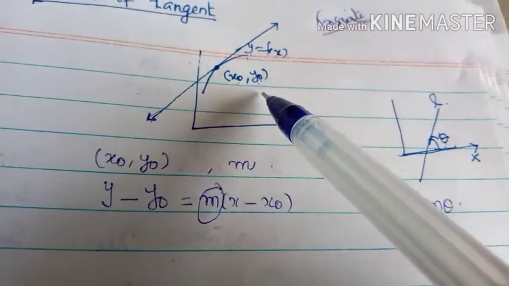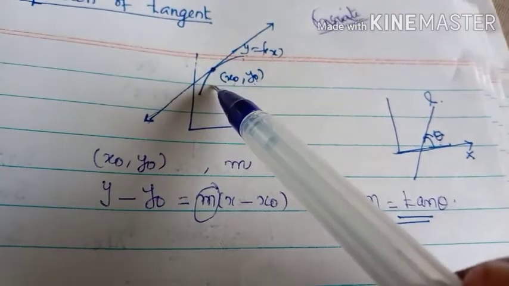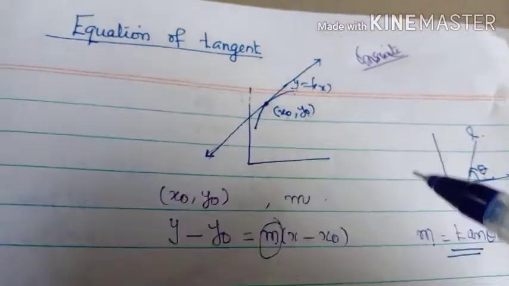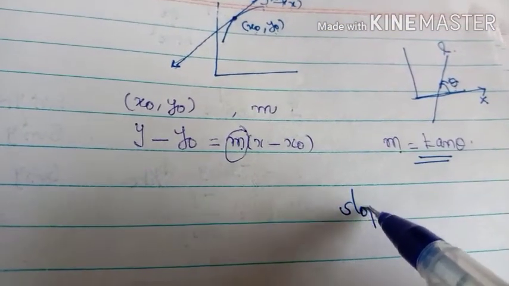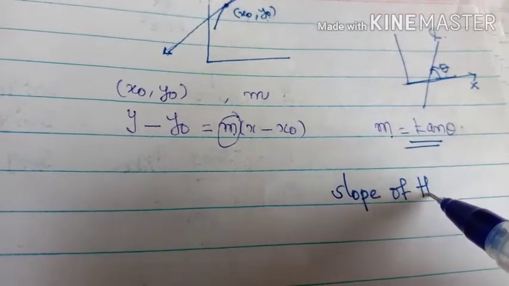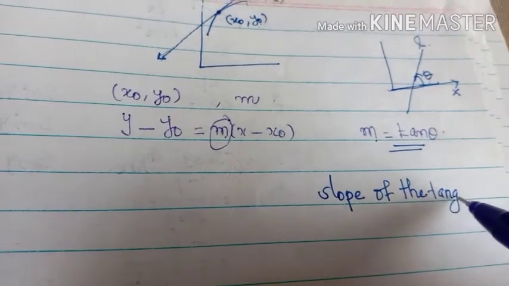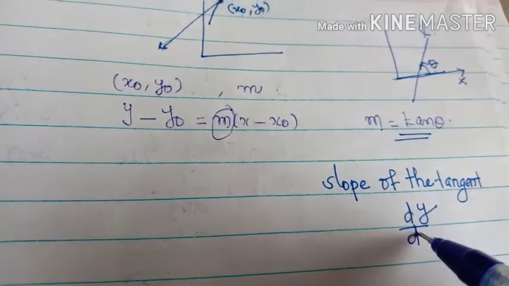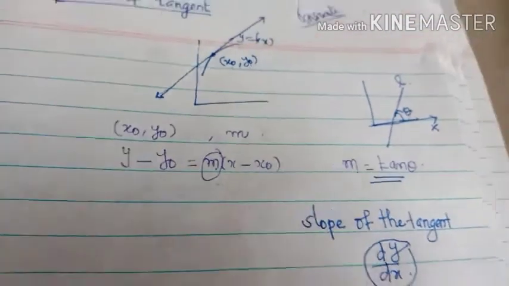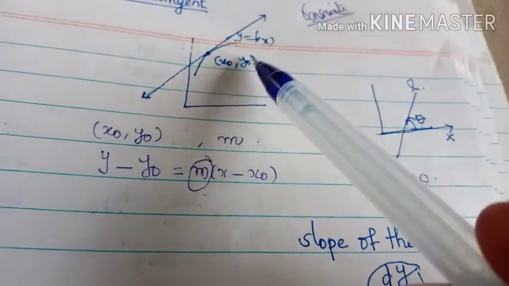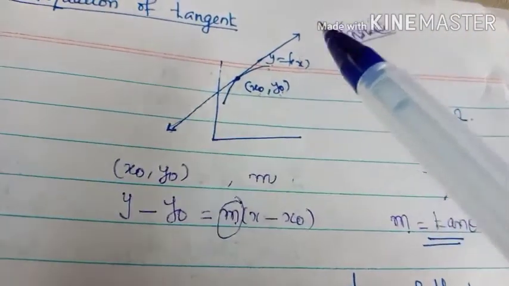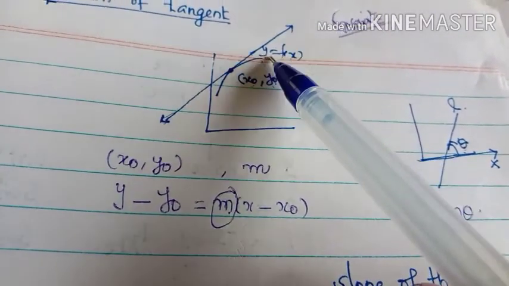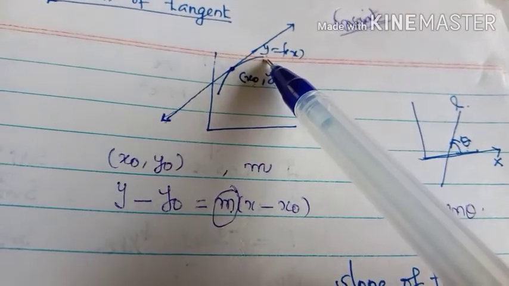In this case, please note down, the slope of this tangent is considered as the first derivative of the given function. Given function is y, so its first derivative is dy by dx. Suppose we have a curve y equal to f of x. In this case, the slope of the tangent is always the first derivative of the given function y.